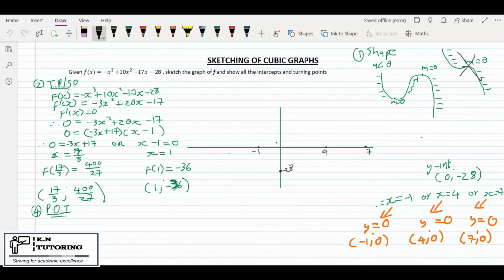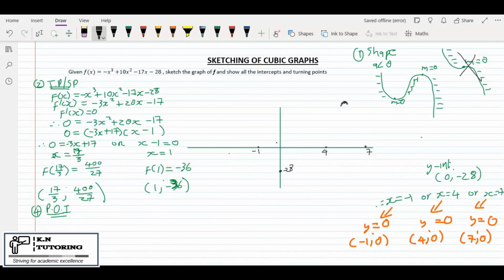So I just know that it's between 4 and 7. And then the y value is 400/27, which would be a positive number somewhere there. So I know that my graph must turn somewhere here. It must have a turn there.